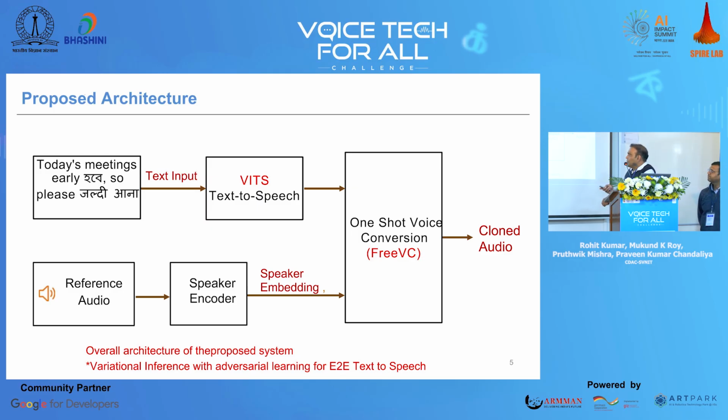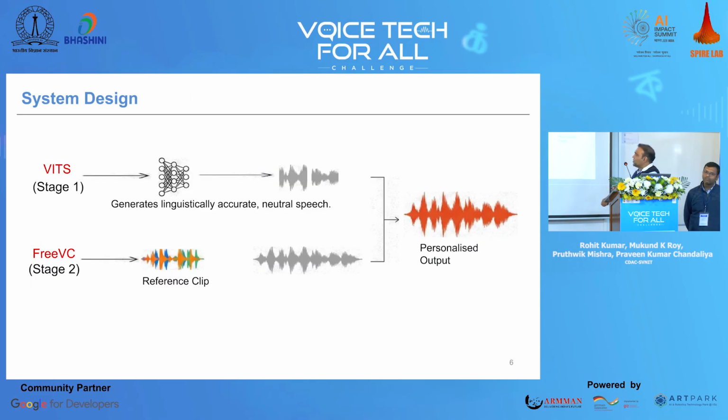In the reference audio, we extract the speaker's embedding, and the neutral speech and the speaker embedding go to the voice conversion module, and then we get the cloned output. So basically, this is a two-stage architecture. First is VITS generating the neutral speech, and FreeVC converting the voice to your personalized output.